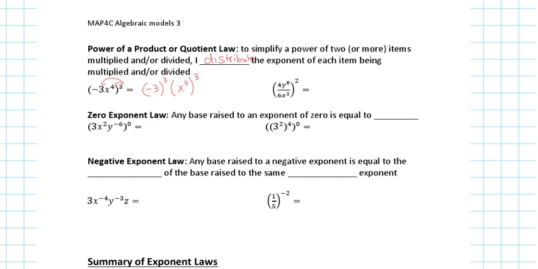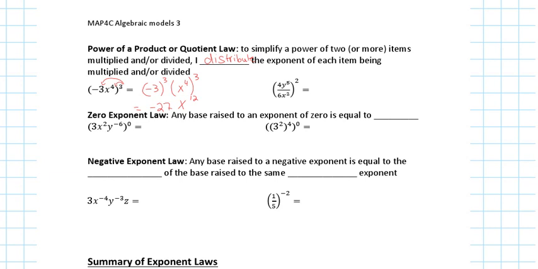Can you tell me? -27. Right? What's x to the power of 4 to the power of 3? X to the power of 12, because you're multiplying your exponent. You're going to have to remember to bring the exponents to the numbers. Okay? That's the one that a lot of people miss.